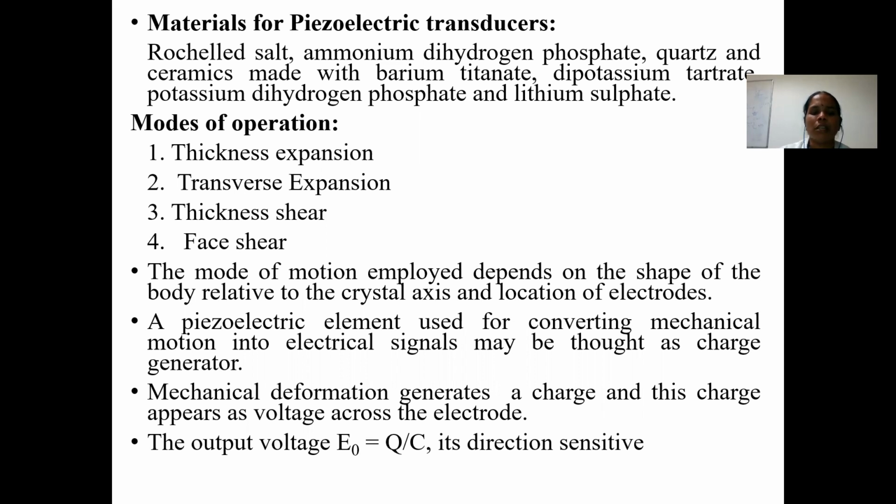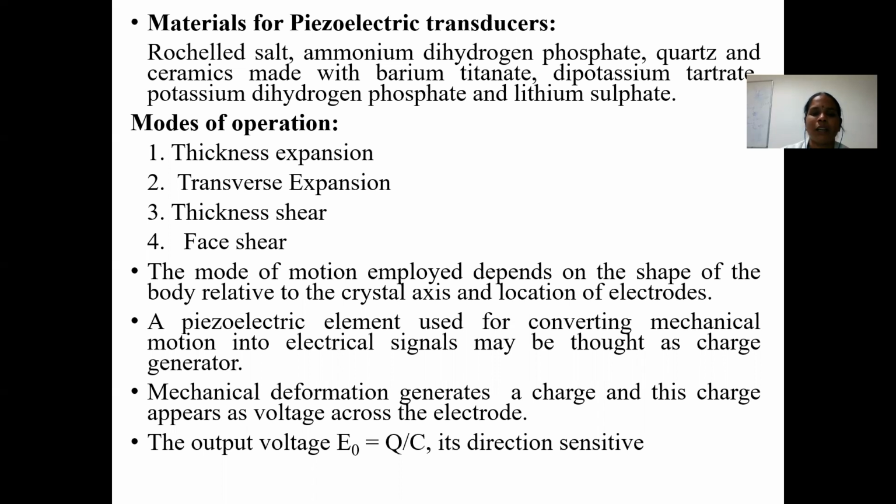The mode of motion employed depends on the shape of the body relative to the crystal axis and the location of the electrode. So how the shape changes depends upon the electrode position and the axis of the crystal where it is placed. The piezoelectric element used for converting mechanical motion into an electrical signal may be thought of as a charge generator.